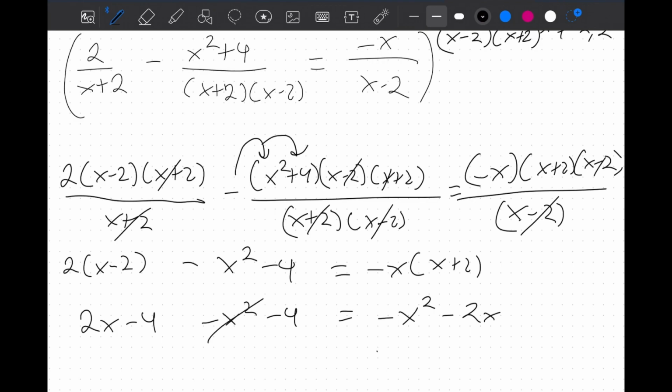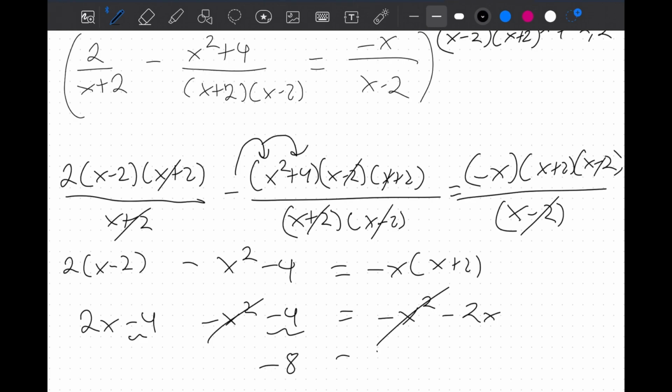So the x squareds can cancel, because if you have minus x squared and you move the other one over, they would sum to 0. And then the minus 2x, if I move that over, and the minus 4, and the minus 4, that can be minus 8.